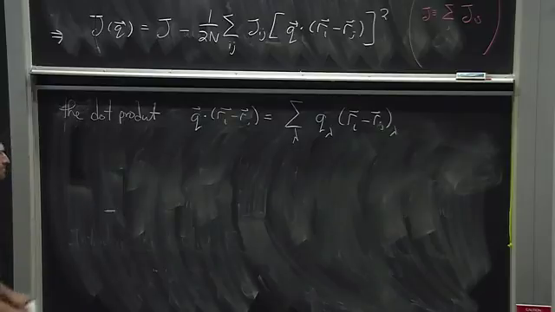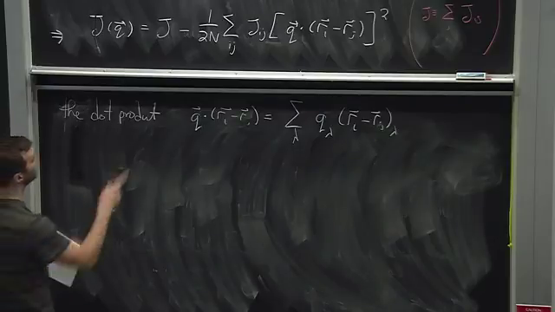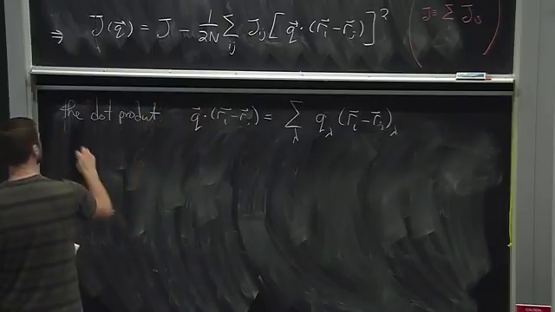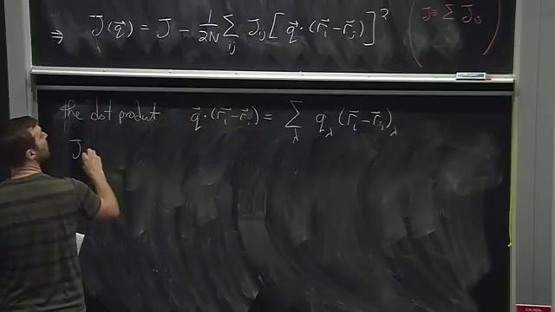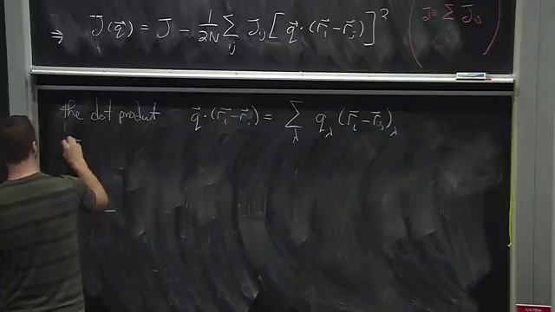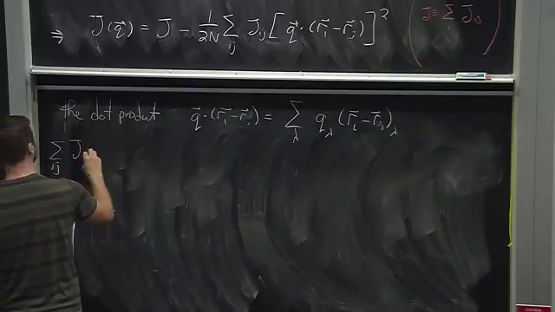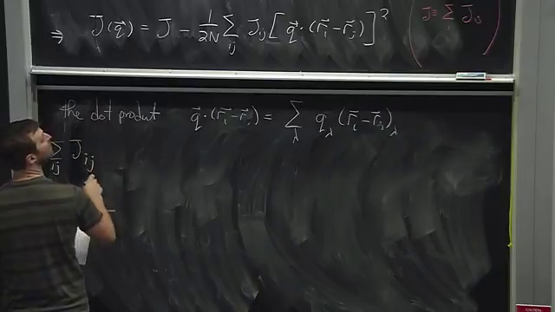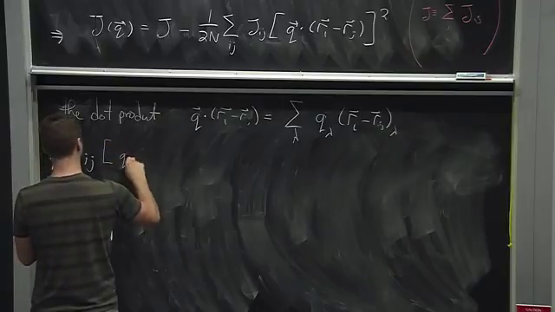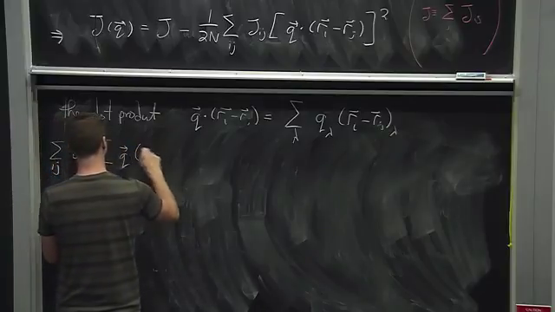Okay, so this term is worth thinking about. So then, let's just look inside that sum. So J_ij, well, let's look at the sum, J_ij, q.